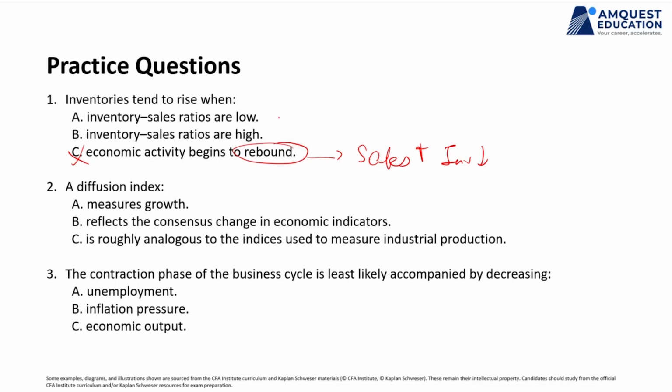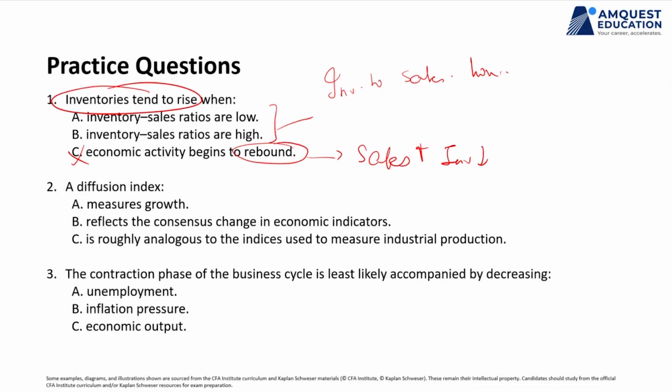So what is it? When your ratio is high or ratio is low? If your inventory to sales ratio is low, that means your sales are low. Then your inventory figures are building up, right? Because the sales ratio is much lower. That means your inventory is turning over much lower, right?